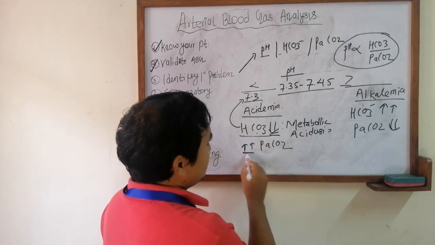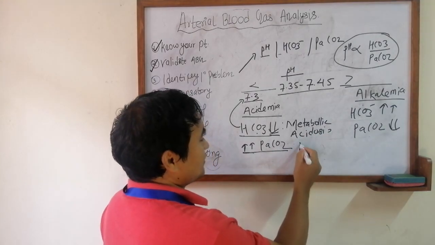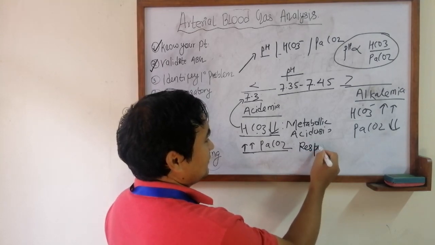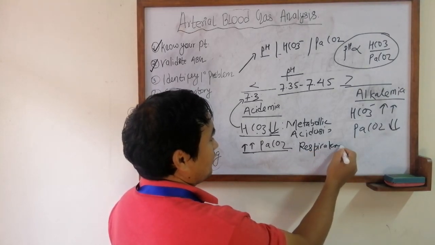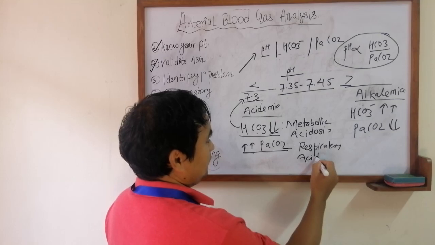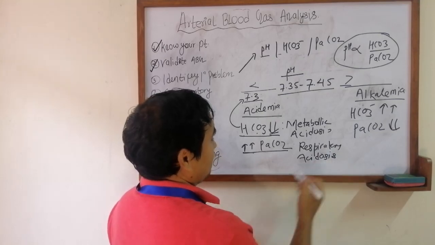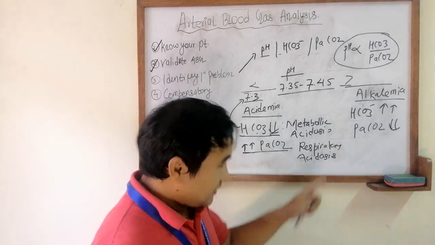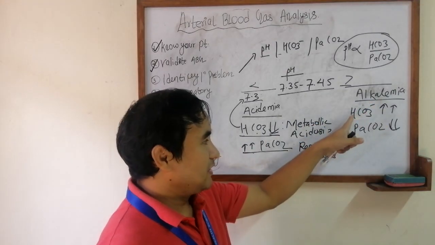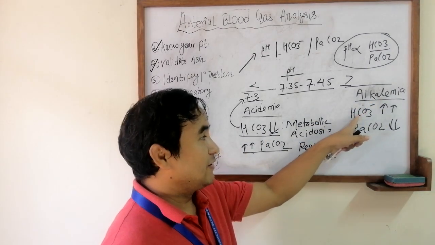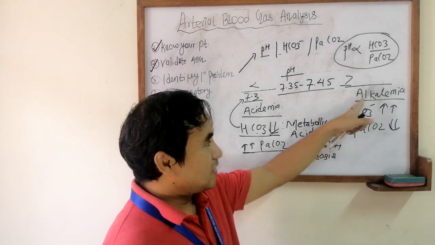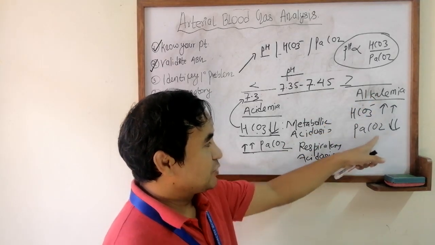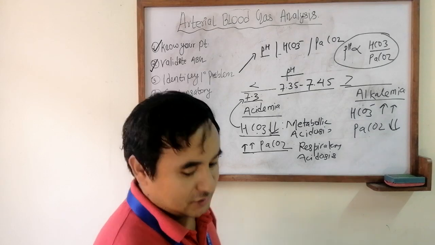If it is because of an increase in PCO2, it is called respiratory acidosis. Similarly, if there is alkalemia because of increase in HCO3, it is metabolic alkalosis. If there is alkalemia due to decrease in PCO2, it is called respiratory alkalosis.